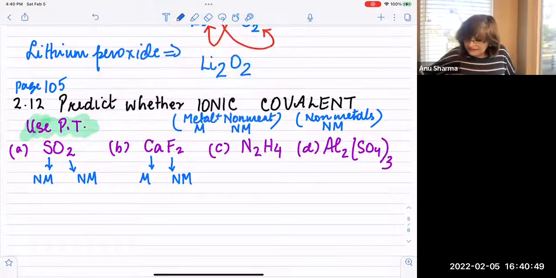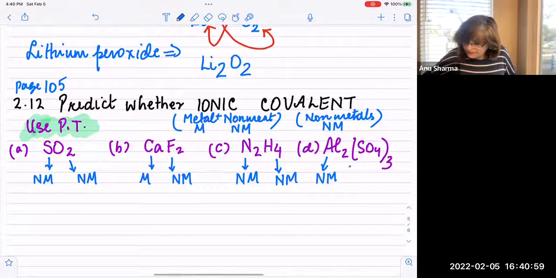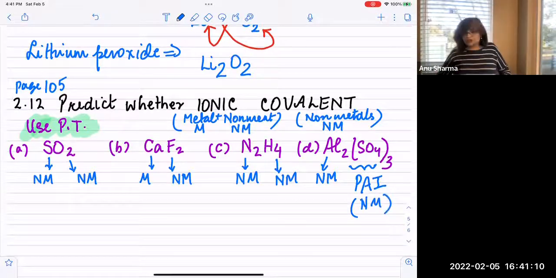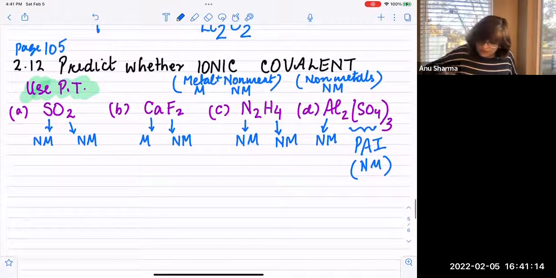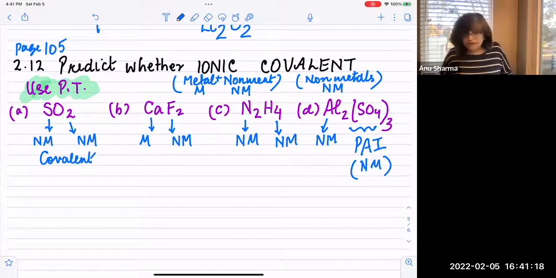Next, you have nitrogen, which is a non-metal. Hydrogen is also a non-metal. Aluminum is a metal, and it is combined with polyatomic ions. Remember, this is an oxyanion, sulfur, and both the polyatomic ions are non-metals, with a charge. Now, whenever two non-metals are combining, that means this is a covalent molecule.